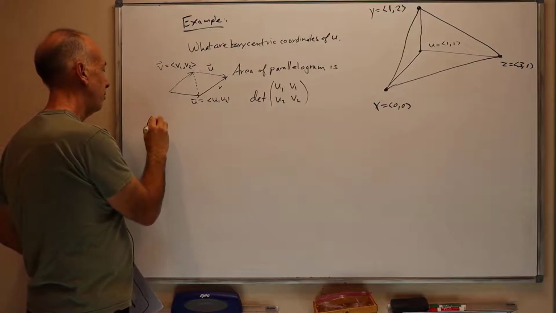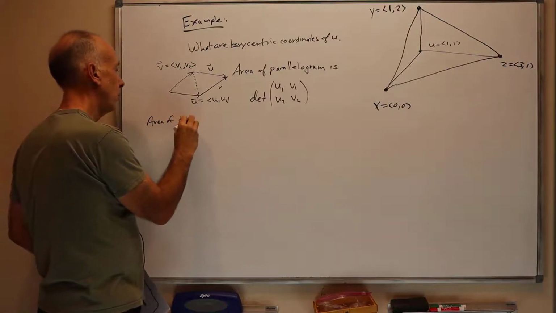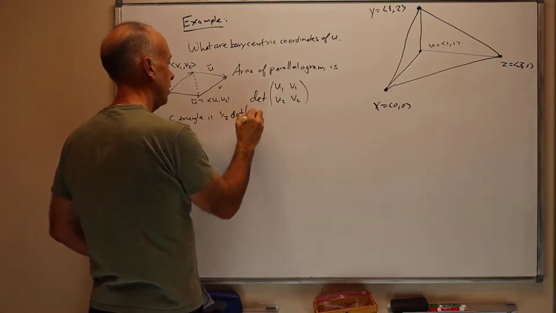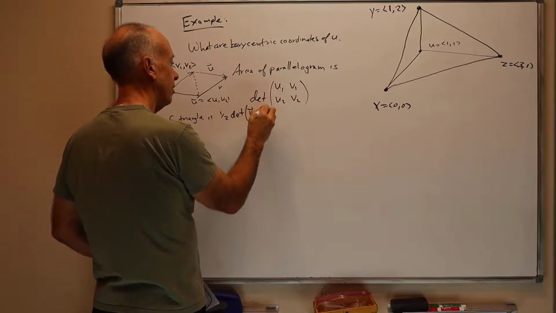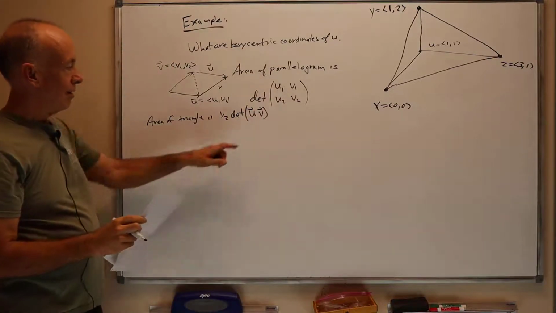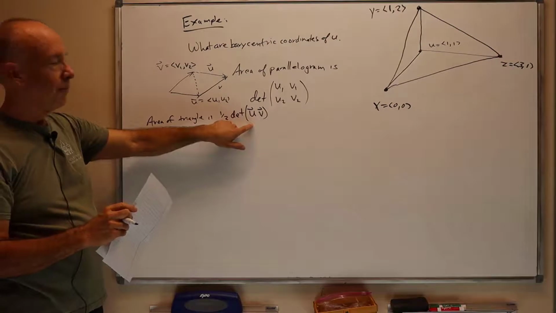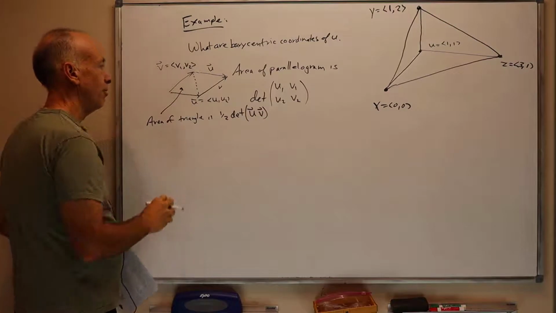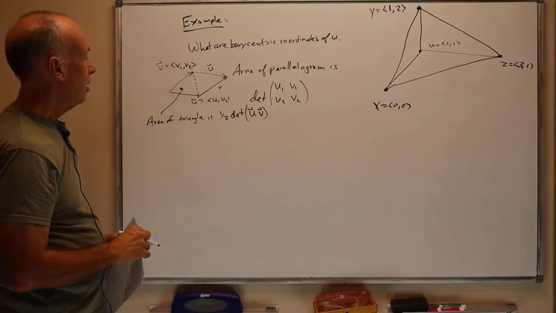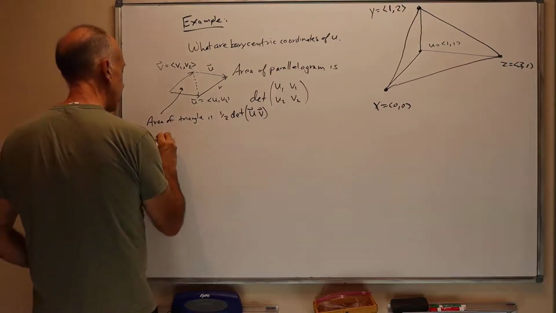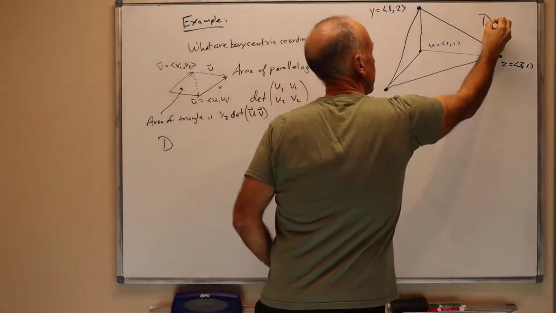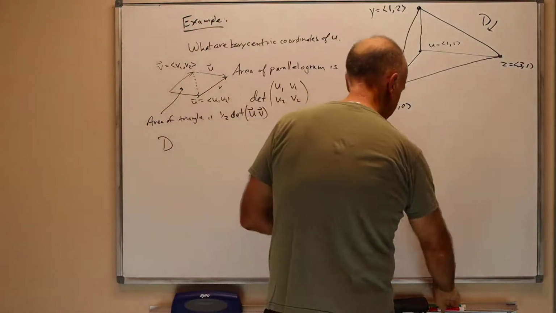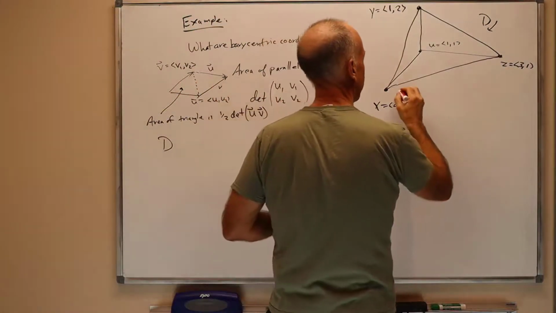So this is the area of the parallelogram, so the area of the triangle is half that. The area of the triangle is 1/2 the determinant of, and sometimes we'll use a block notation for determinants, U vector, V vector, meaning put in the column vector U1, U2, and the column vector V1, V2. That gives you the area of either of those triangles. So let's work this out. The area D of the whole triangle: let's find the vectors on the sides. This is rather easy in this example because I picked one of the corners to be 0, 0.